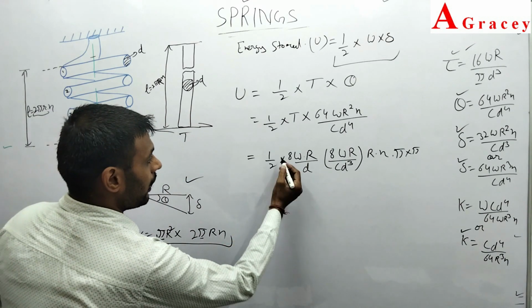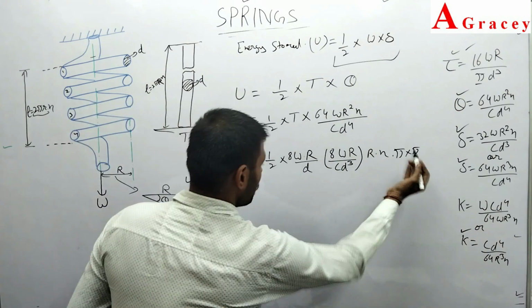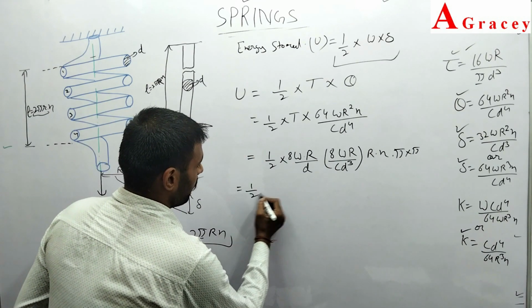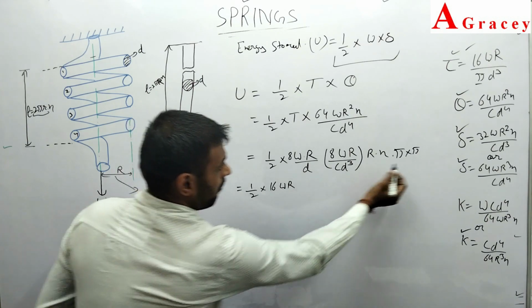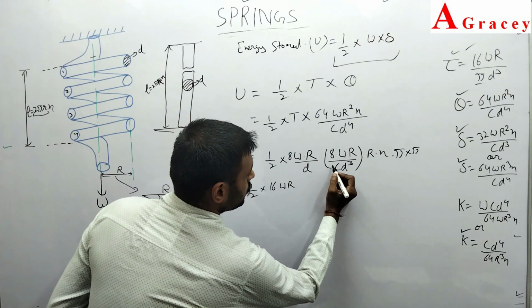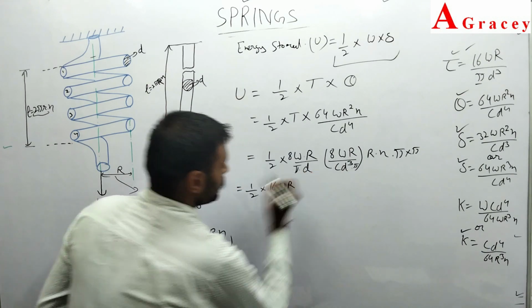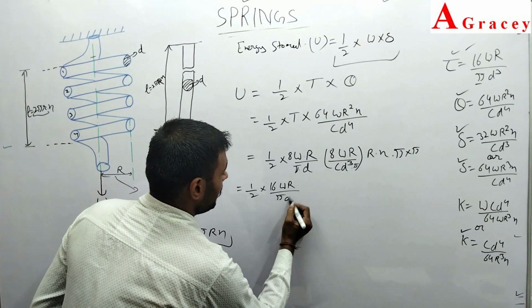So 2 will be multiplied here and 2 here and divided by 4 here. So I am multiplying further by 1 by 2. I am making it 16 W R. When I multiply by pi, I am making pi here also to make a tau. So here pi d is there.